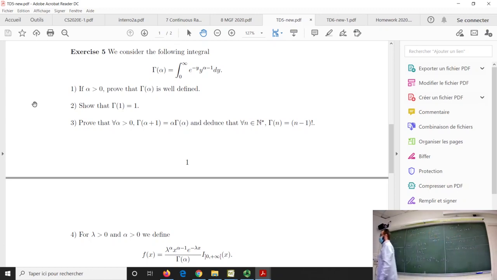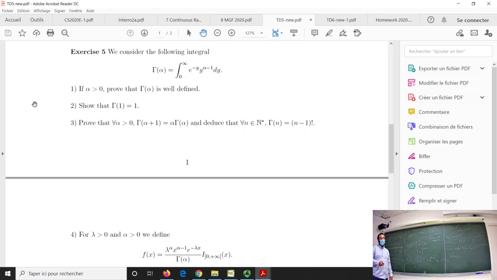I suppose it for n, and my job is to prove that gamma of n plus 1 is equal to n factorial. As usual, when I have to do an induction, I have to make the link between what I want and what I know. What will be the link between gamma of n plus 1 and gamma of n? It will be given by what I have proved previously.